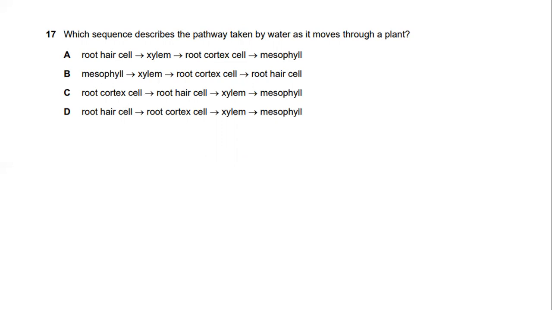Then it goes to the root cortex, and then water containing dissolved minerals moves up the root and stem in xylem cells, and then to the mesophyll. So the answer for this is D.